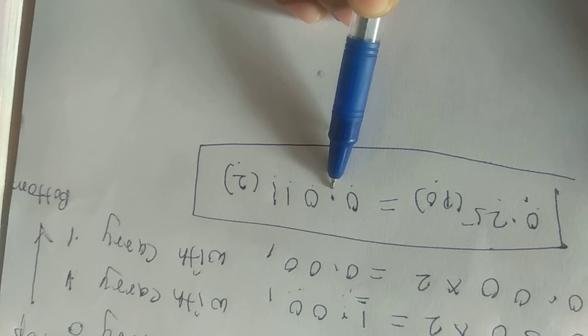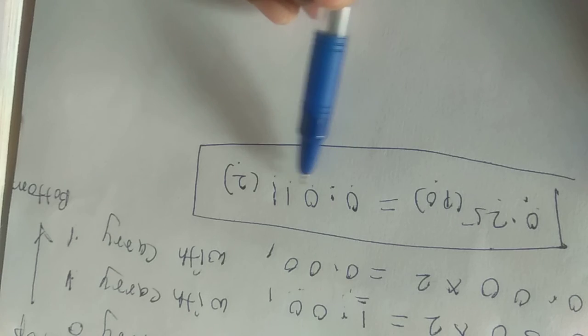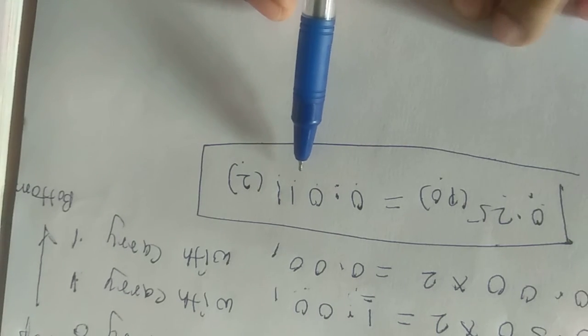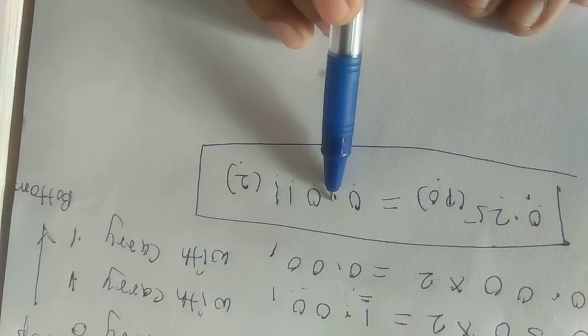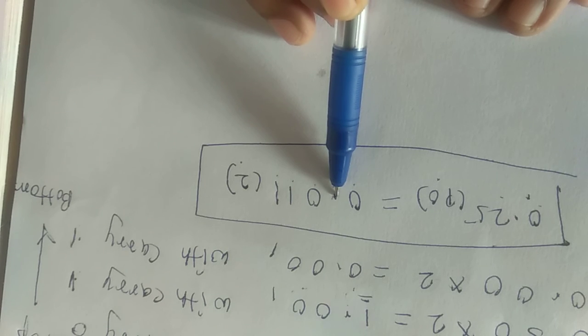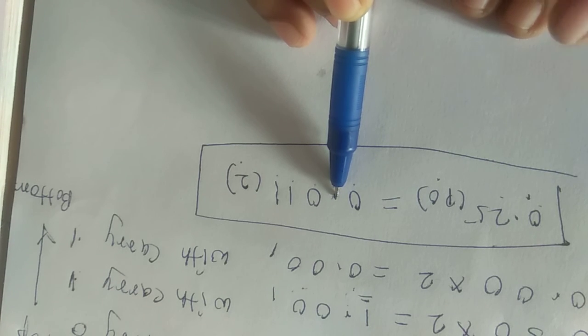This number system uses only two symbols, 0 and 1, and is called the binary number system. So I will say binary point instead of decimal point. So this was about the conversion from fractional decimal to fractional binary. Okay, we'll stop now.